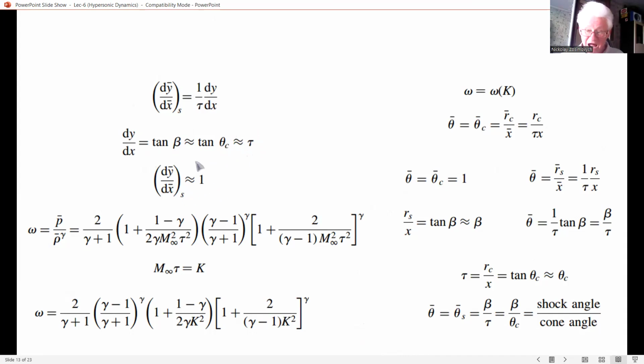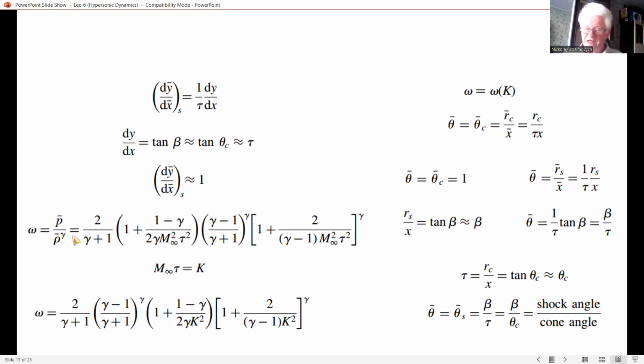Inserting this result into our equations in the previous lecture and returning to the definition of omega, we can obtain this expression on the middle left part.